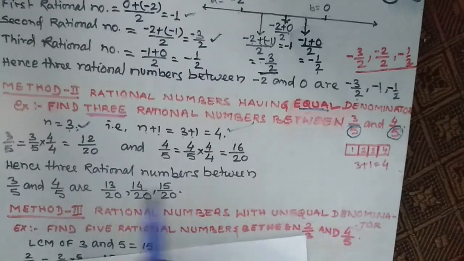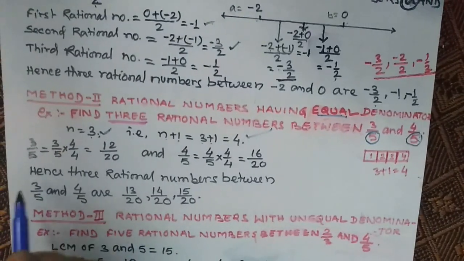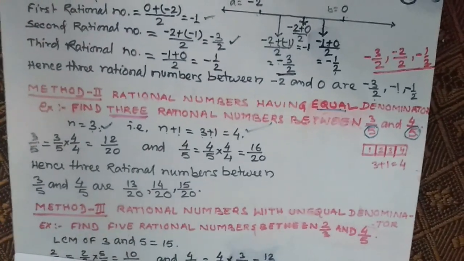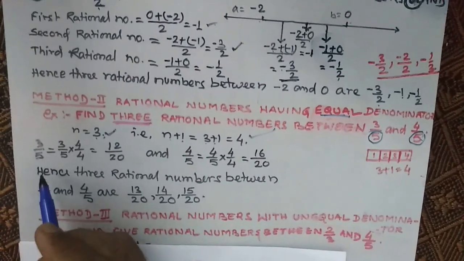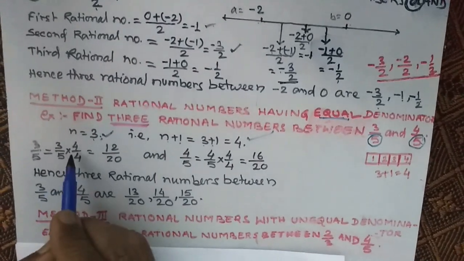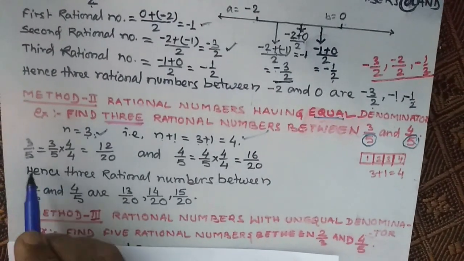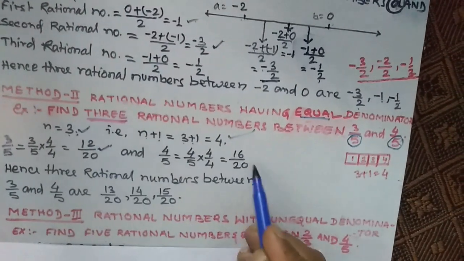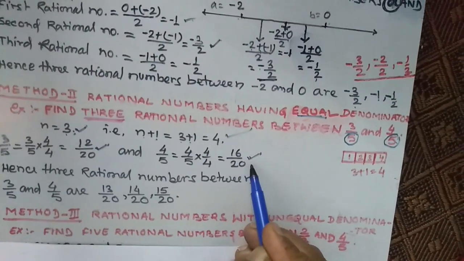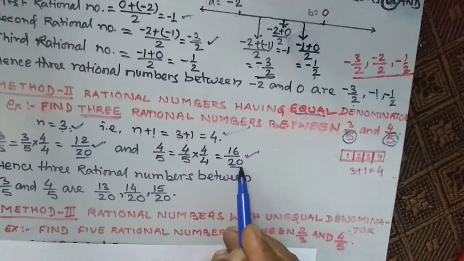Now convert the given rational numbers by multiplying numerator and denominator by 4. The equivalent rational numbers are 12 by 20 and 16 by 20, both again having the same denominator.